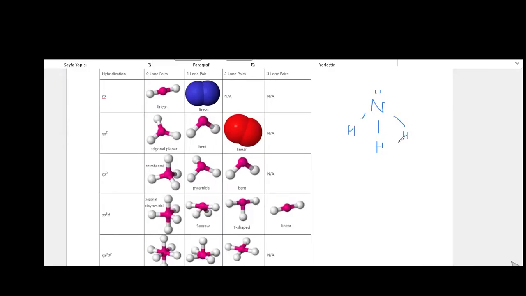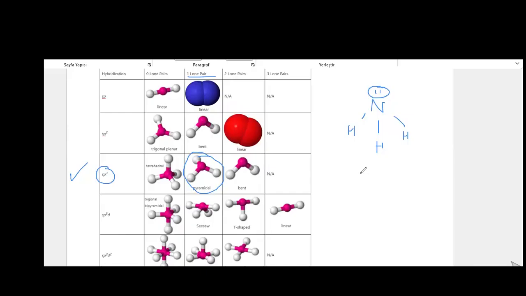So let's check this on the table. We know that it has a pyramidal molecular shape, and also there is one lone electron pair on the central atom. That's why the hybrid orbital type is sp3 for that molecule.